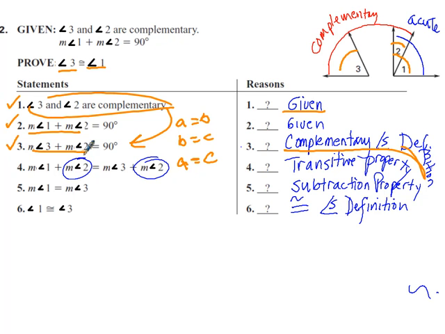Then we can subtract the measure of angle 2 from both sides, which gets rid of angle 2 from both of them. That's the subtraction property of equality. That leaves us with angle 1 is congruent to angle 3 because their measures are the same. Definition of congruent angles. That was a fairly straightforward proof.